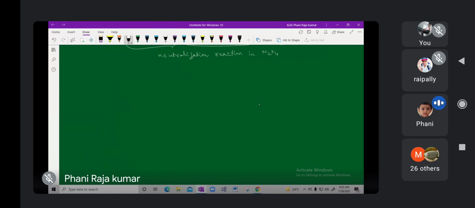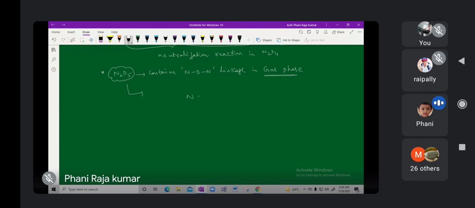Next, the last species, that is N2O5. This N2O5 contains an N-O-N linkage, nitrogen, oxygen, nitrogen linkage, in the gas phase, in the gaseous state.